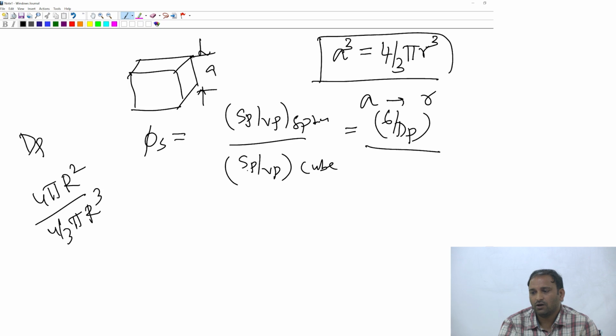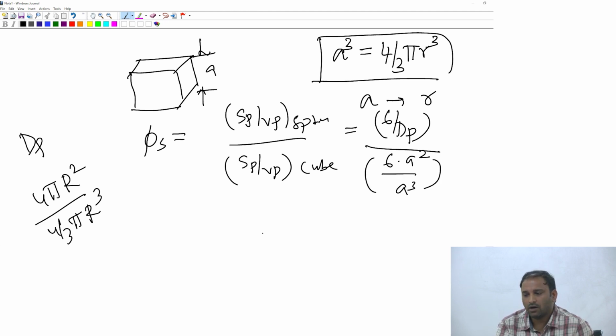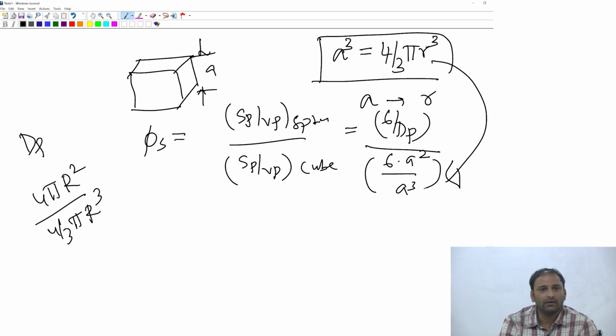And Sp of a cube is 6 times a square. You have 6 faces, so 6 times a square is your surface area of a cube and the volume is a cube. Now you use this relationship and substitute for A in terms of R. Can you guys do that quickly? I would like you to substitute for A in terms of R and then tell me what is the value of phi s.